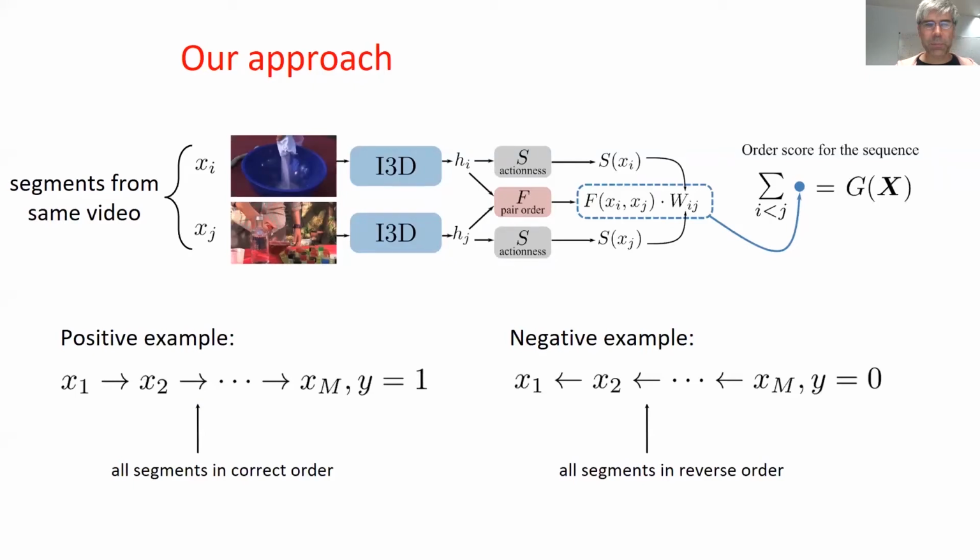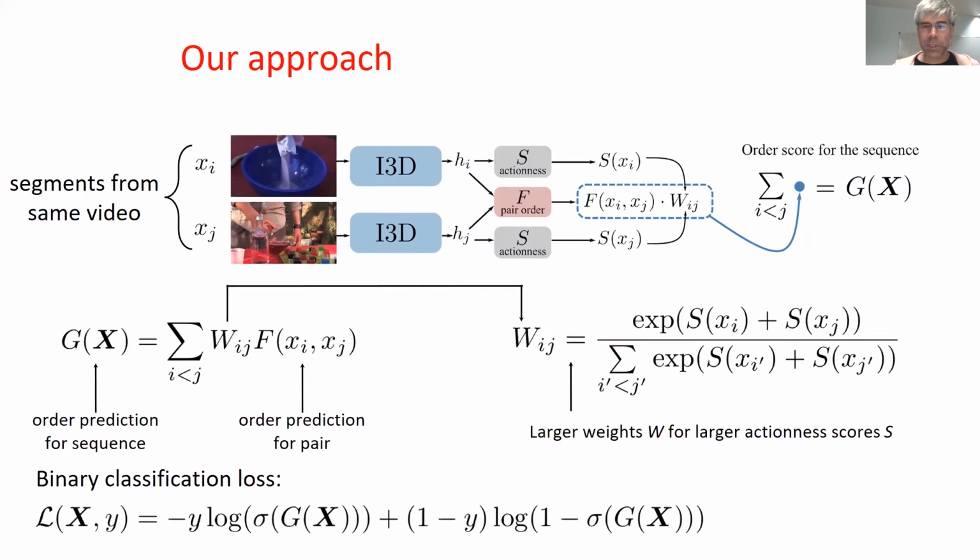So what happens in the F box, and what is W? W is just a classifier. On the bottom is the loss. It's a basic binary classifier which says whether two segments of the video are in forward or backward order.